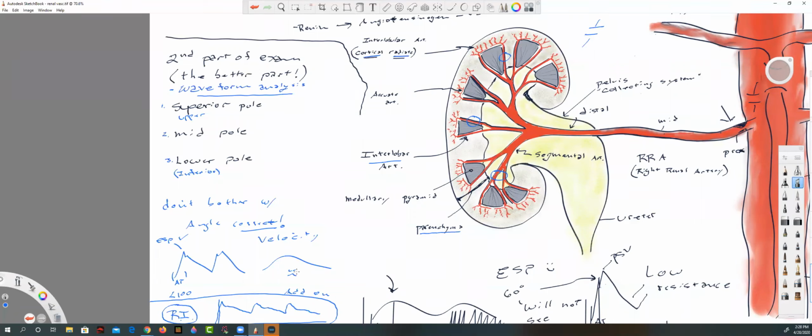Or maybe I'd be lazy and then I wouldn't do a good job. I don't know. But it just seems to me that if you start on the kidney and work backwards, you have a better idea. If you see tardus parvus in the kidney, now you know there's something going on upstream. In other words, the renal artery somewhere probably has a stenosis. So that's nice to know in advance.